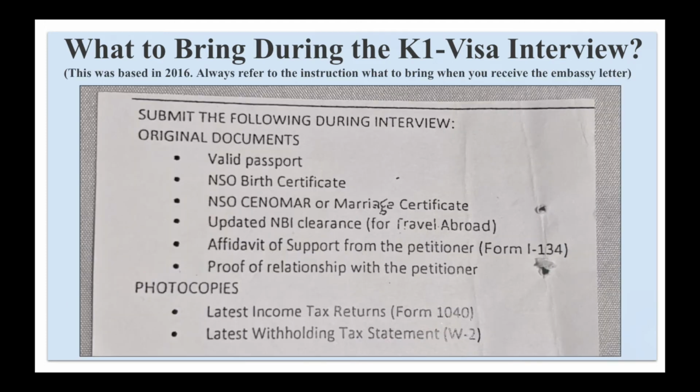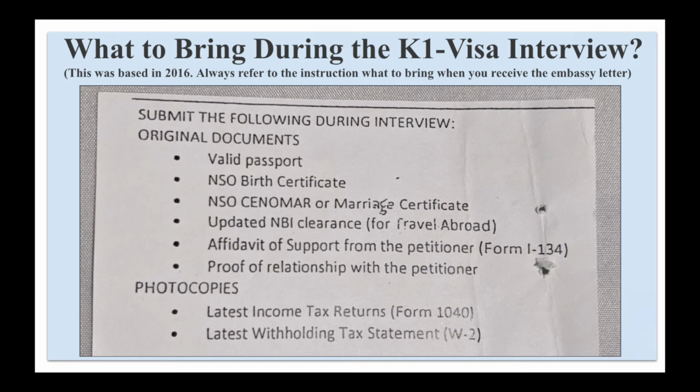Here's the list of the documents you're going to submit during the interview. Note that this was way back in 2016, so please make sure to always refer to what is being sent to you, indicated in the letter from the embassy.